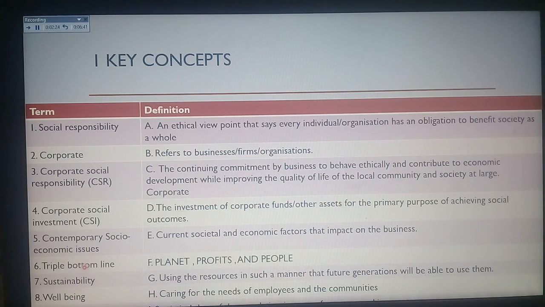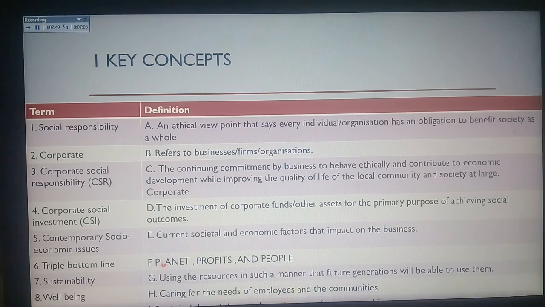Triple bottom line. As we can see, business has an obligation to act in an ethical manner towards the society it's operating in. Furthermore, business has an obligation to these three things. The first one is the planet. The business has to take care of the environment in which it operates.